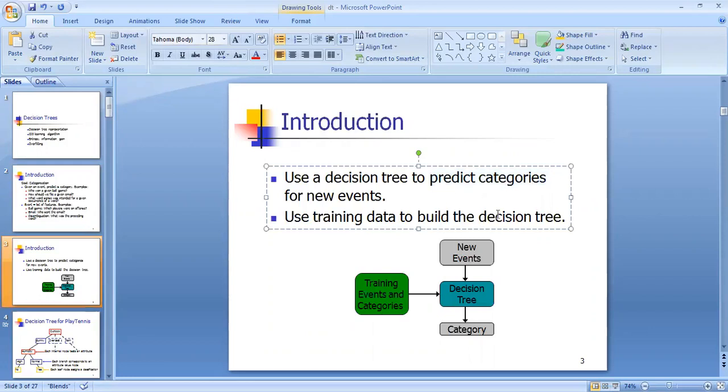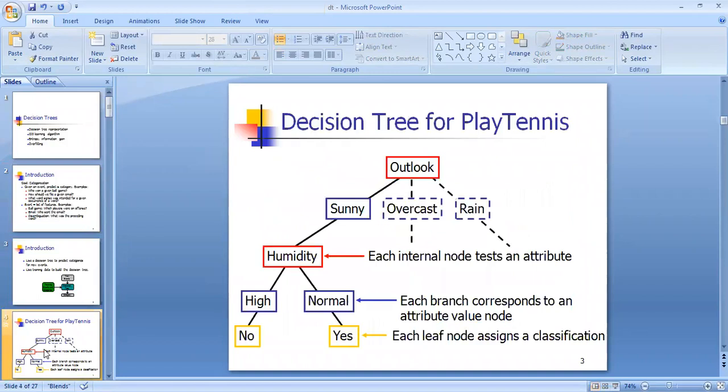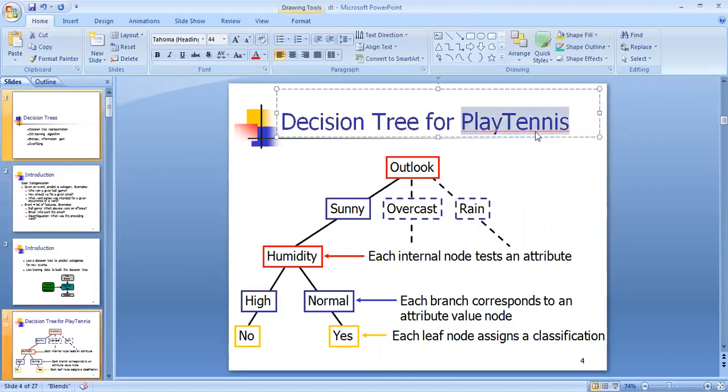Use training data to describe the decision trees. So here is a very good example: the decision to be taken for playing tennis. Understand the concept very well, it is very important.